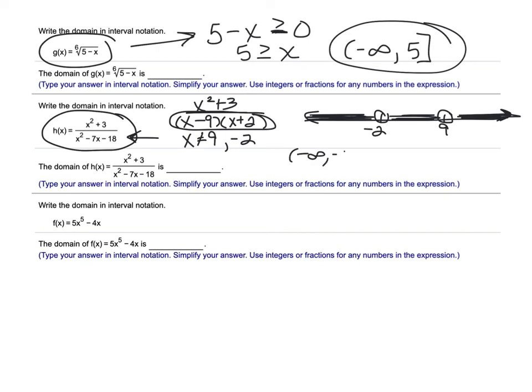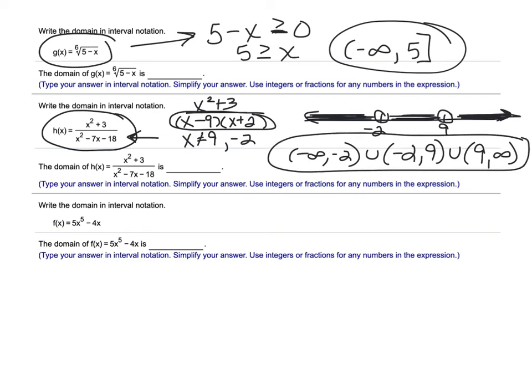This is what you would type in. The first one is negative infinity to negative 2. You have to skip negative 2, so parenthesis. You always put a union symbol between the intervals when you're doing interval notation. Now we need to go from negative 2 to 9. Don't include 9. And finally, 9 to infinity. And that's my answer.